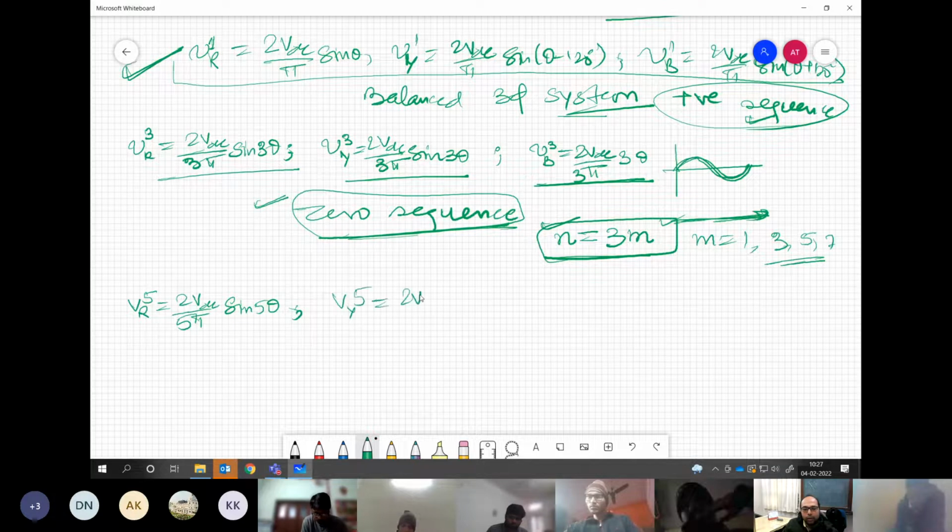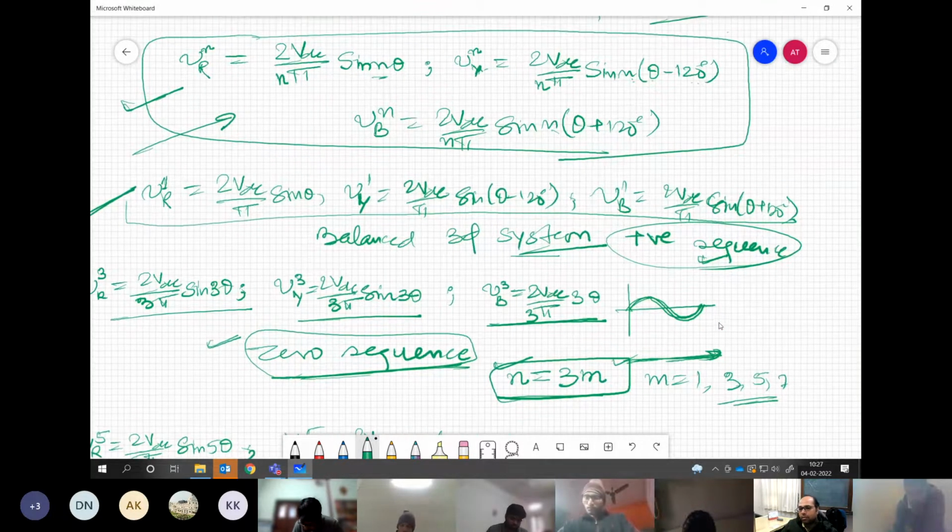Vy5 will come out to be 2 VDC by 5 pi sine of 5 theta plus 120 degrees. Just check the values. 5 into 120 is how much? 600. Minus 600 can be written as plus 120, right?